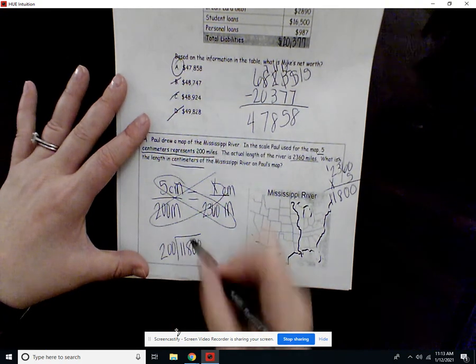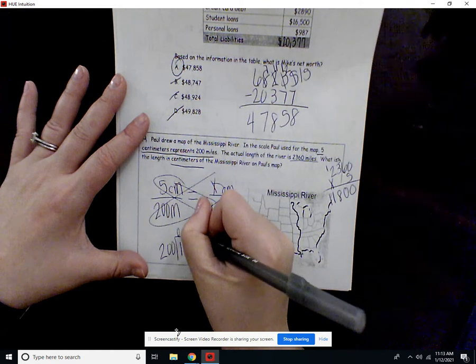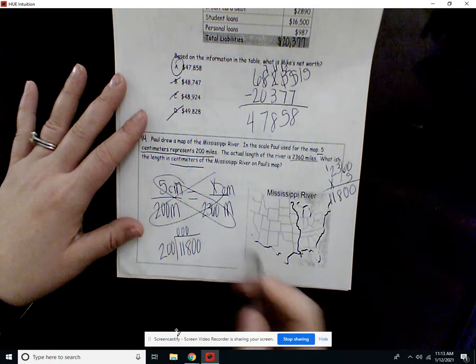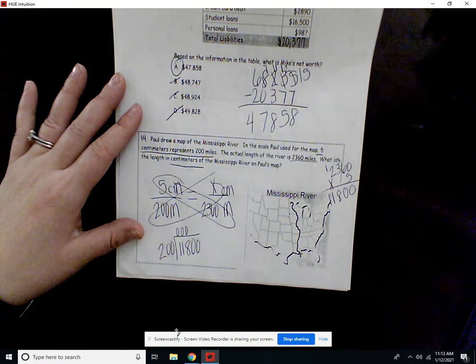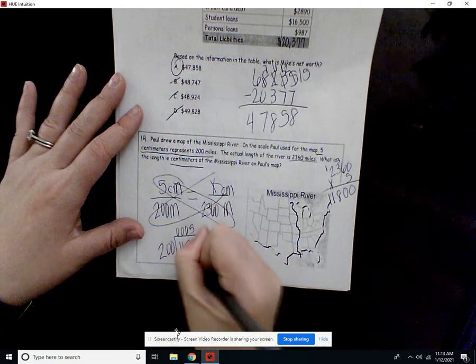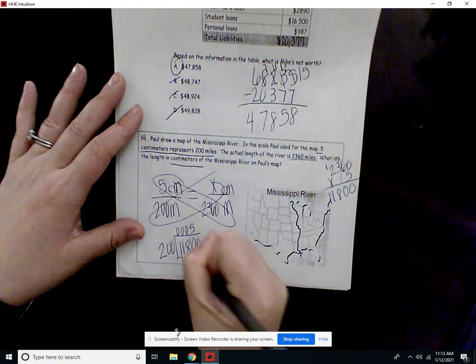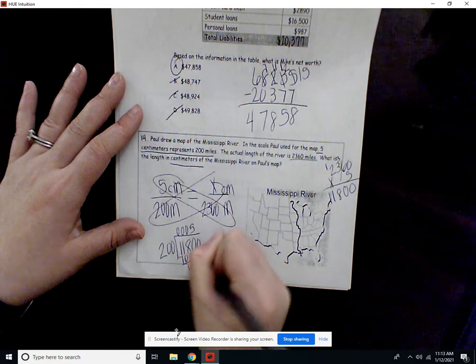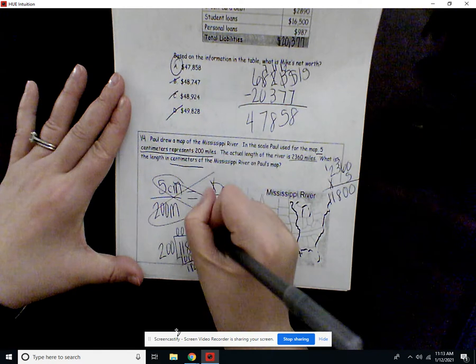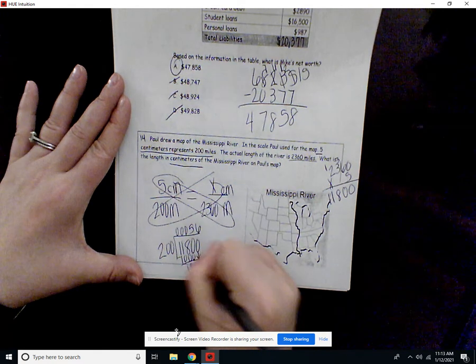So 200 can't go into 1, can't go into 11, can't go into 118, but it can go into 1,180. It is going to go in there 5 times, which is 1,000. Bring down our 0, which makes it 1,800. 2 will go into 1,800 6 times, evenly.